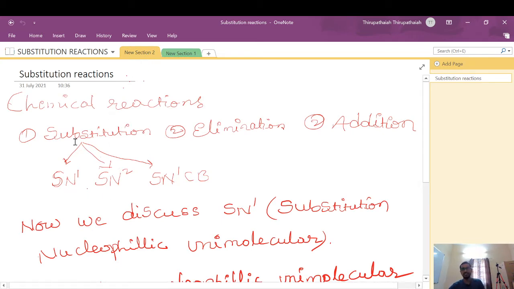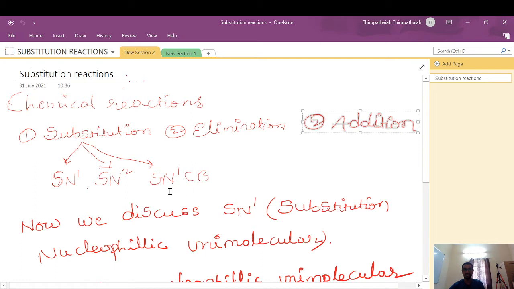As you can see, chemical reactions are classified into substitution reaction, elimination reaction, addition reaction, and so on. Again, substitution reactions are further divided into SN1, substitution nucleophilic unimolecular, SN2, substitution nucleophilic bimolecular, SN1 CB.